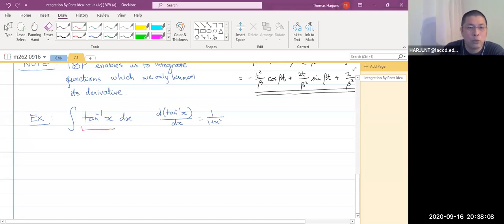This is my u, and this is my dv. So u equals tangent inverse x, dv equals dx, such that the derivative of u, which we know, is 1 over 1 plus x squared dx, and v will be x.